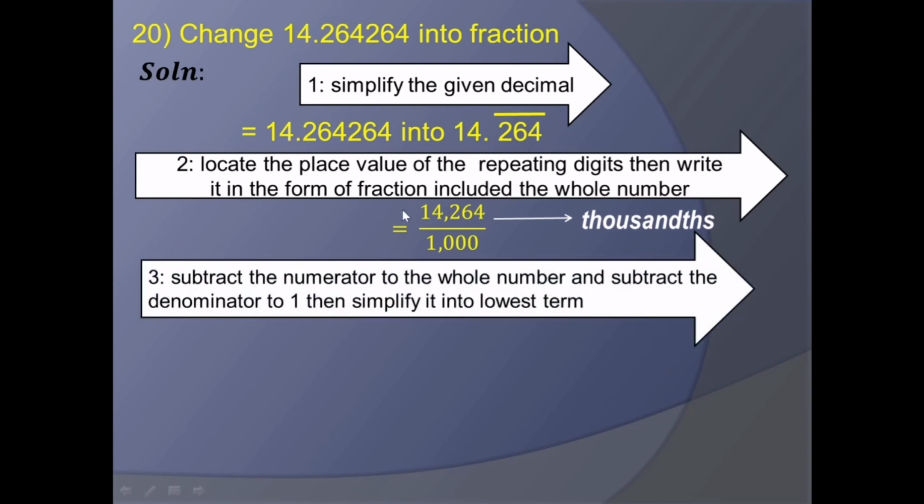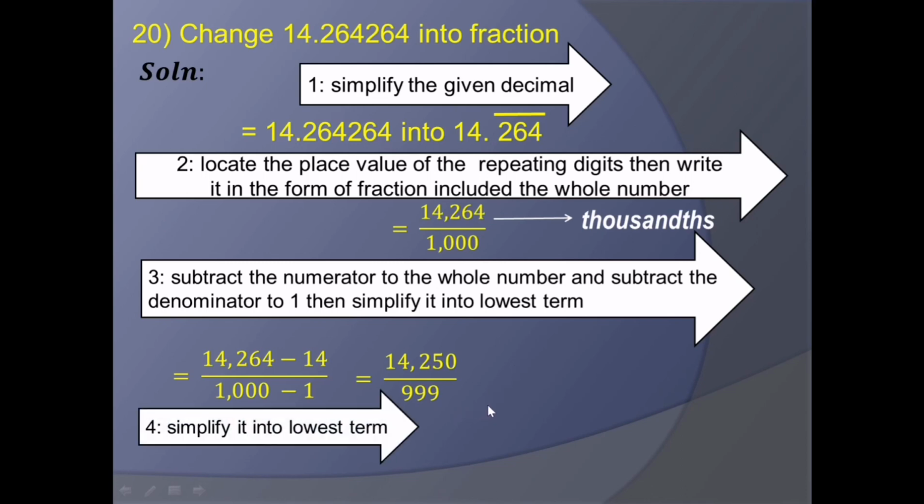Okay, then after that, subtract the numerator to the whole number, and subtract the denominator to 1. Then simplify it into lowest term. So 1,000 minus 1. Okay, we have 14,264 minus 14 over 1,000 minus 1. So that is 14,250 over 999.